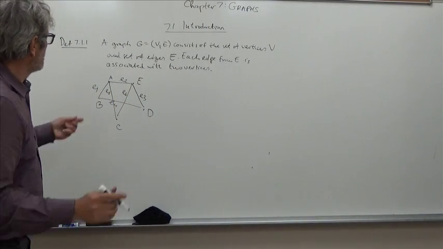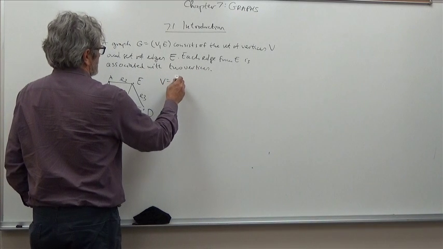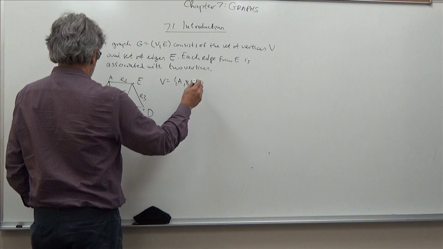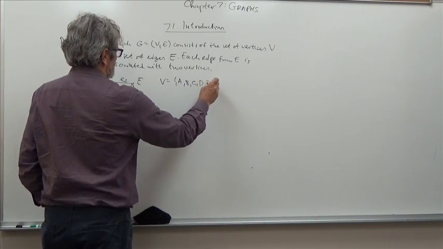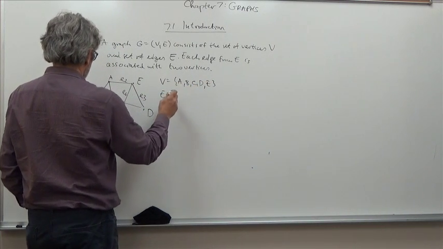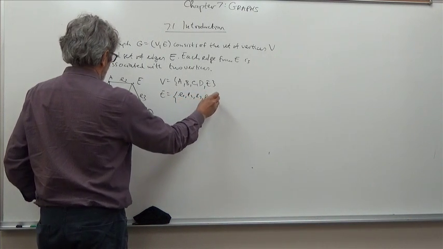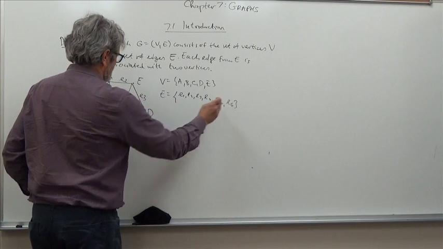So, the set of vertices is A, B, C, D, and E. The set of edges is E1, E2, E3, E4, E5, and E6.